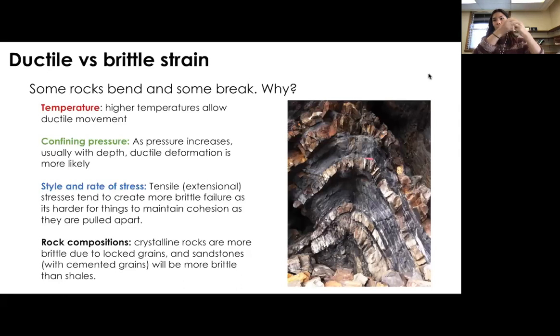They're going to tend to break in more of a brittle failure. In contrast, rocks like shales can bend pretty ductilely fairly easily. Sandstones are another example where you have highly cemented grains. So there's that high interlocking of the grains, and those are going to tend to be more brittle.